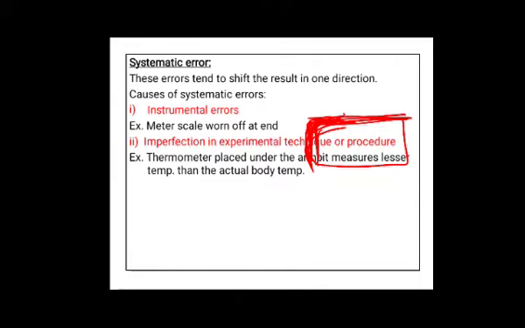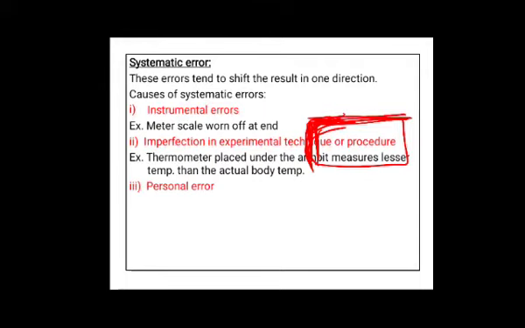If it is placed under the armpit, it always shows a little less value compared to the other method. Even though we know it, if we follow the procedure of placing the thermometer under the armpit, definitely some error will be there in our measurement. It is called imperfection in experimental technique.